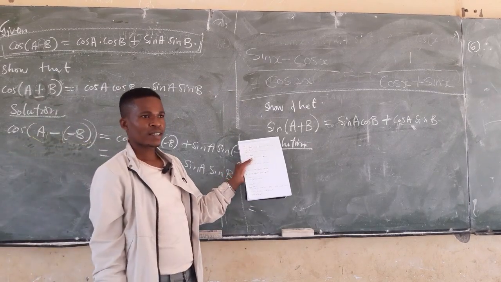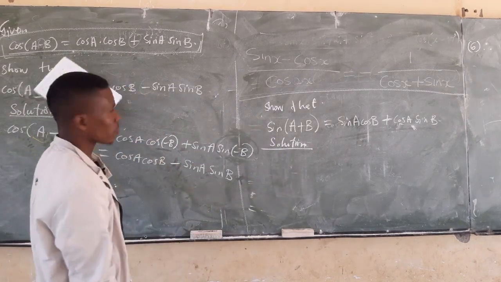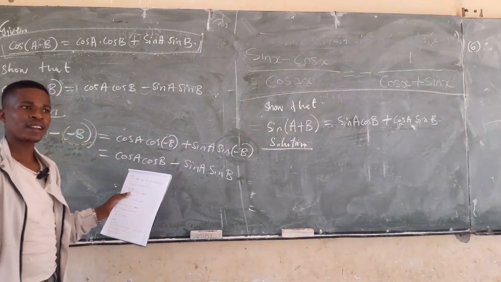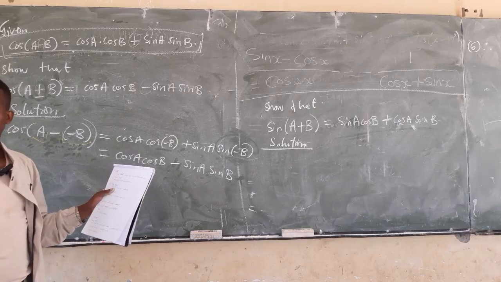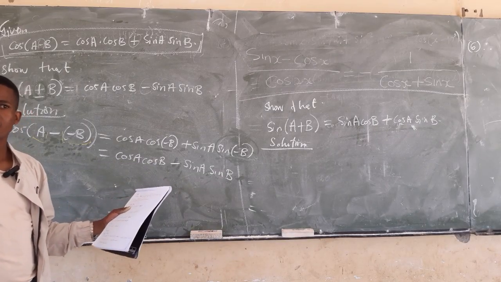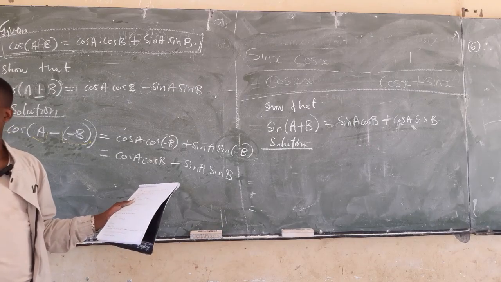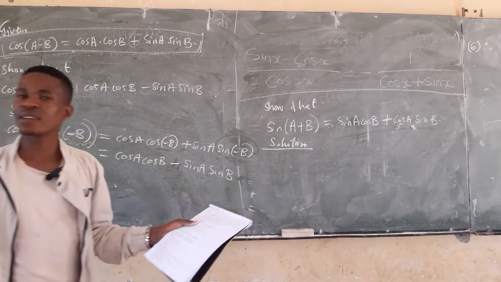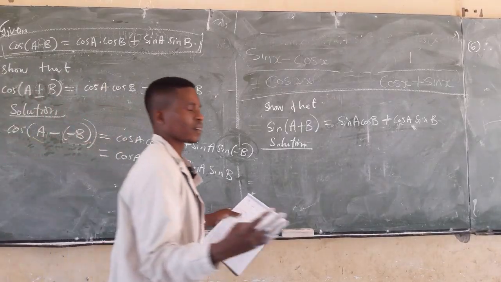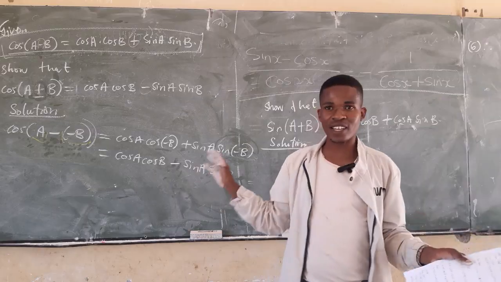How do we solve sine? What is the relationship between sine and cos? The relationship between sine and cos. Yes, tan is sine over cos, but here tan cannot work.